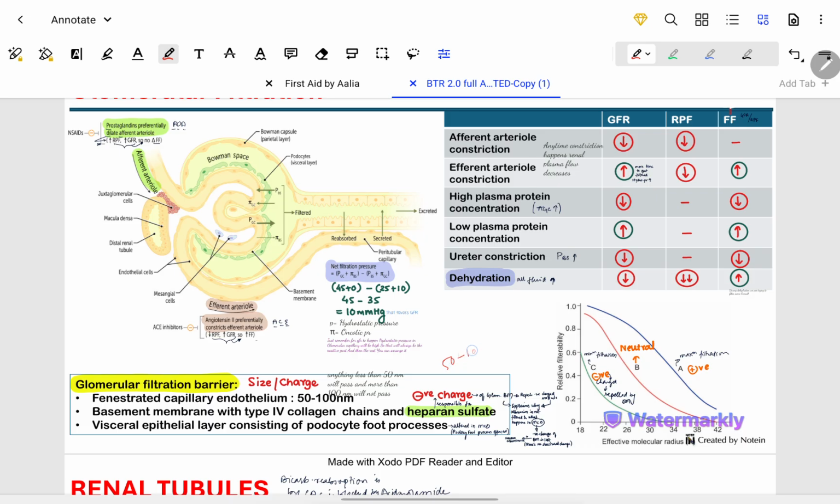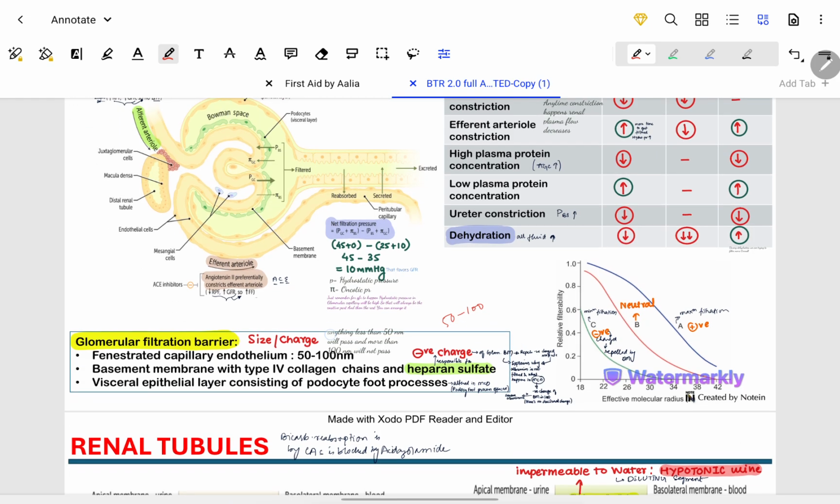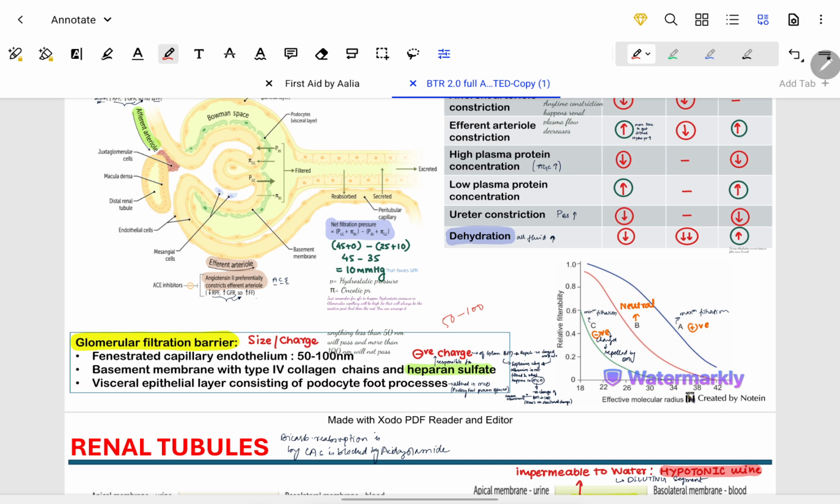Why is that? Because of the fenestrated capillary endothelium. The fenestrations, the holes in the capillary endothelium, are 50 to 100 nanometers in size.